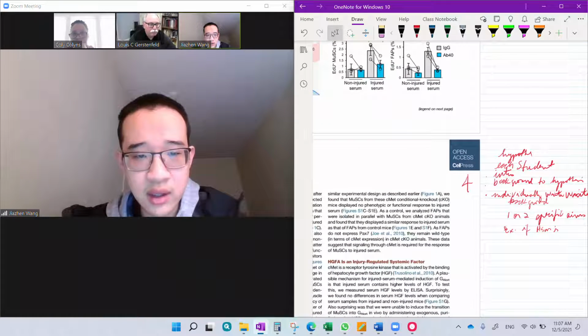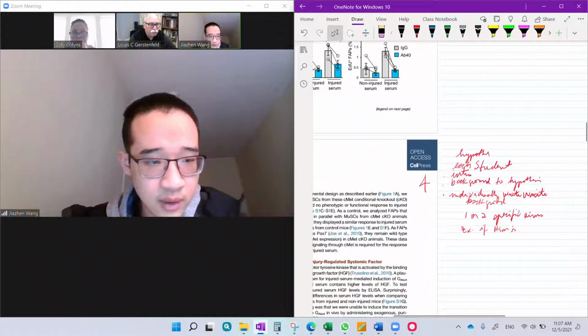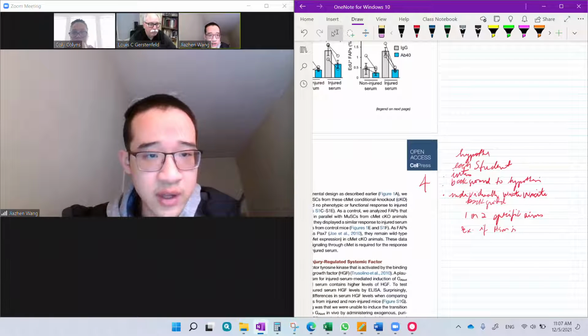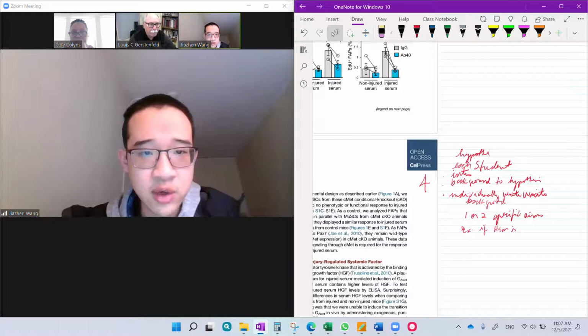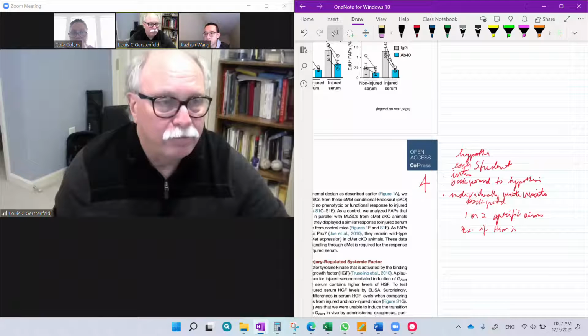And the third aim is to figure out if HGFA given prior to an injury accelerates the process of tissue repair. These are 3 separate aims.